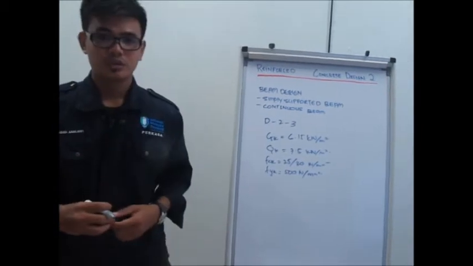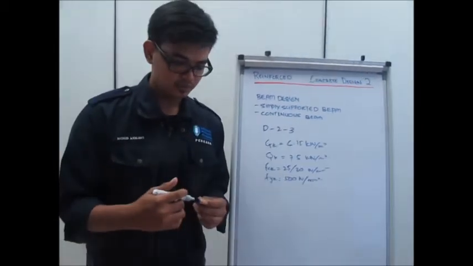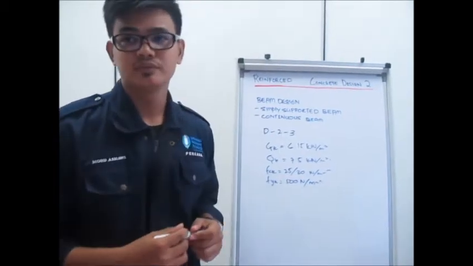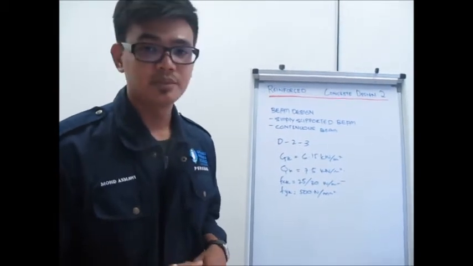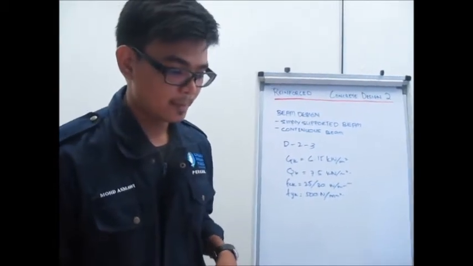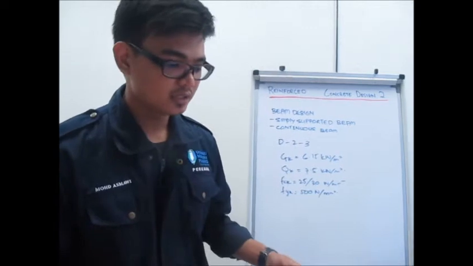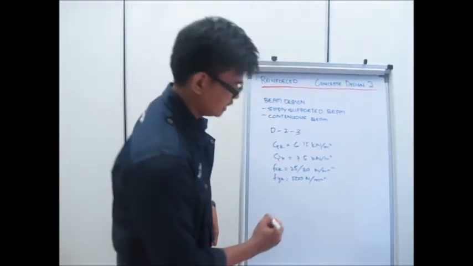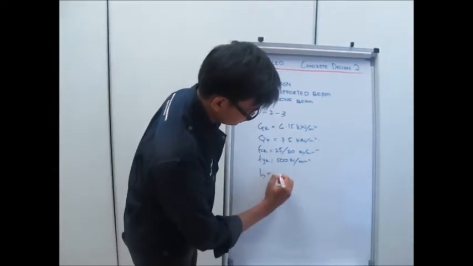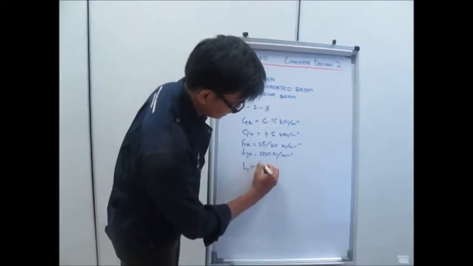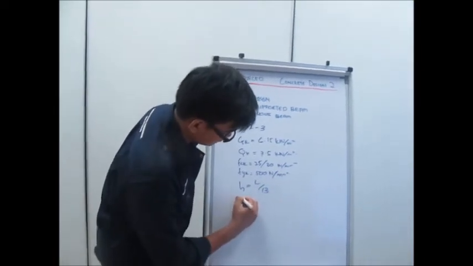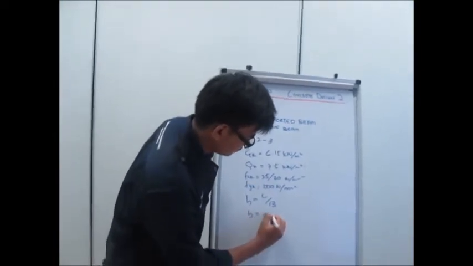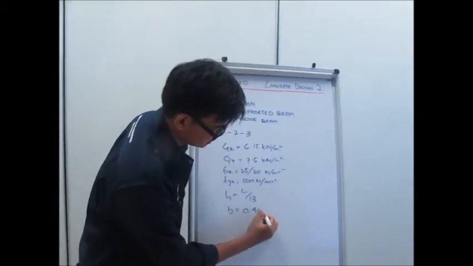Before we start our beam design, we need to decide the beam size. Basically we use h equal to L over 13, and b is 0.4 times h.